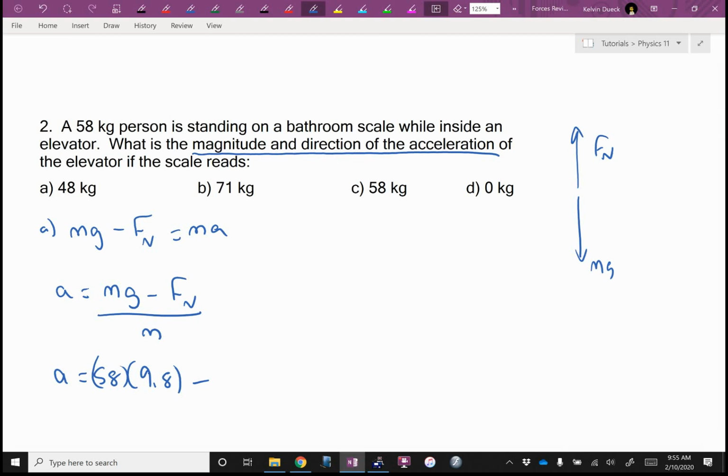Mila. So it's going to be minus 48 times 9.8. Can I put the 9.8 in brackets instead of using the x? Divided by m. Which mass? Their actual mass. Yes. Can you all try that on your calculator? You're going to have to put brackets around the top. Don't need brackets around the bottom.